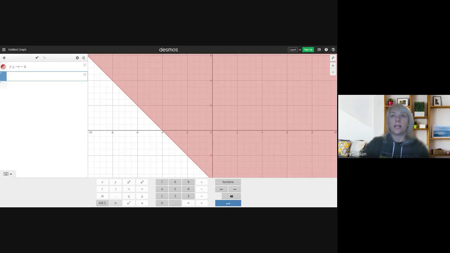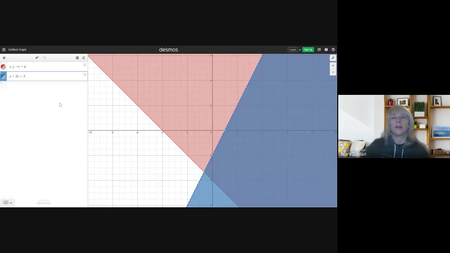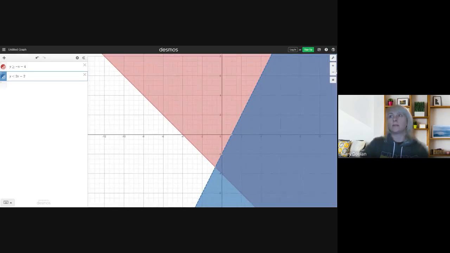Then our second inequality that we're going to type in is y is less than 2x minus 2. You can use the keypad or the keyboard for that, that's up to you. By doing that, I can now zoom out a little bit.